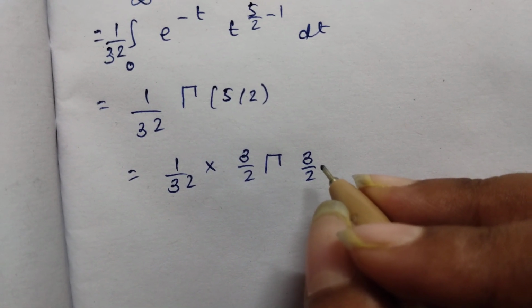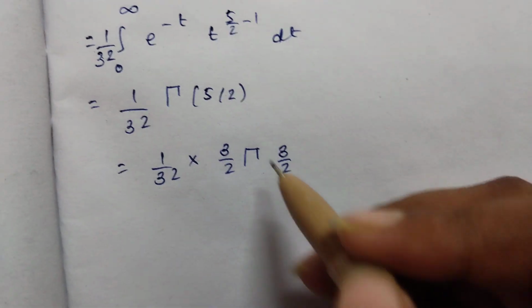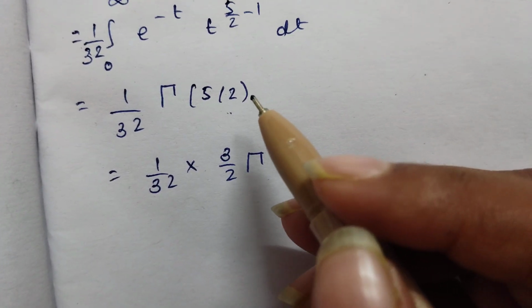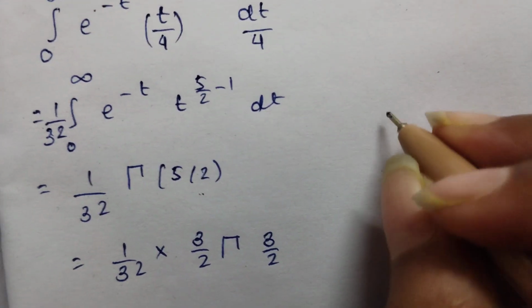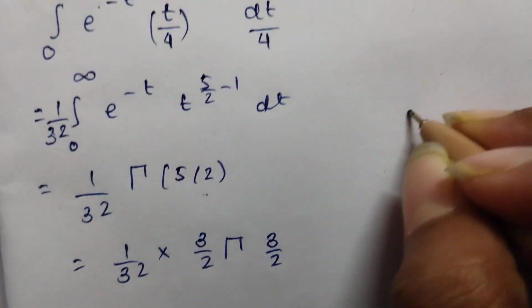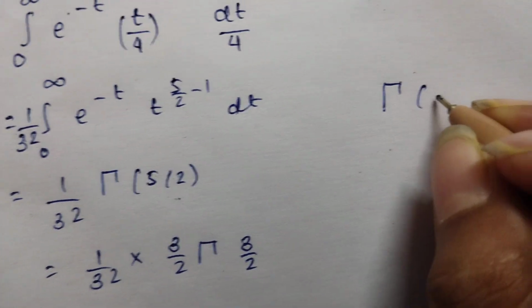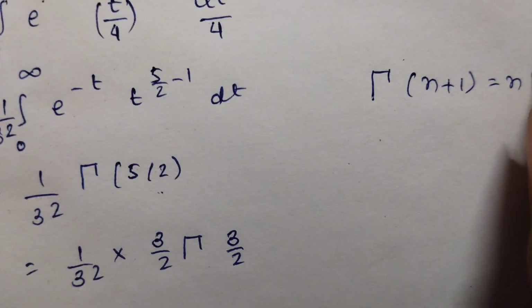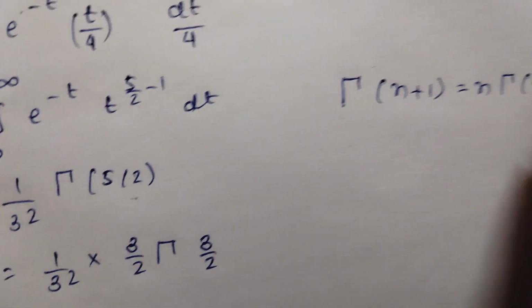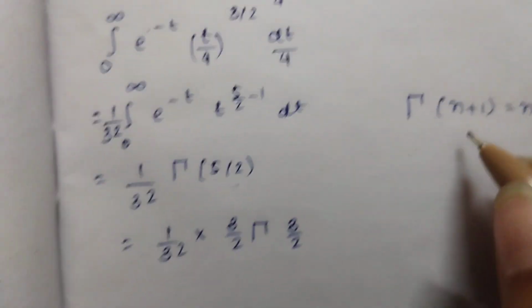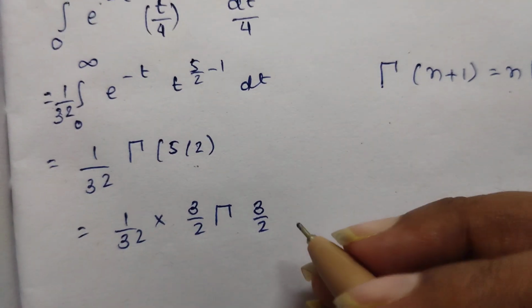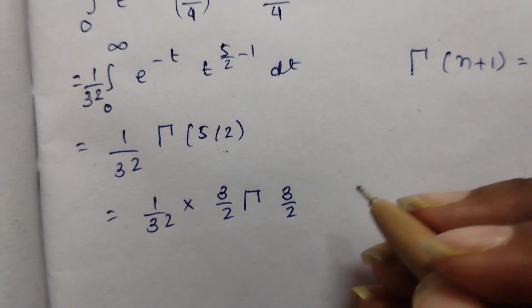Because as we can remember, this 5 by 2 is in the form of n plus 1, and we have this particular property where gamma of n plus 1 is equal to n into gamma of n. So we have n plus 1 as 5 by 2, and n is 3 by 2, into gamma of 3 by 2.